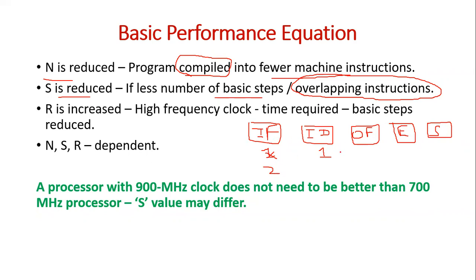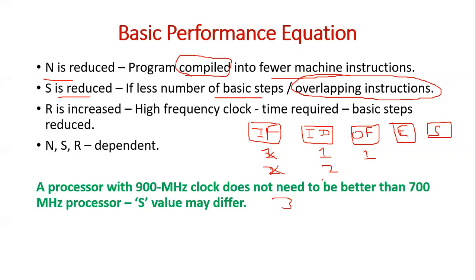Similarly, after decoding, the first instruction goes to operand fetch. When it is in the operand fetch stage, the second instruction can be decoded, and then the third instruction can be fetched during this period.